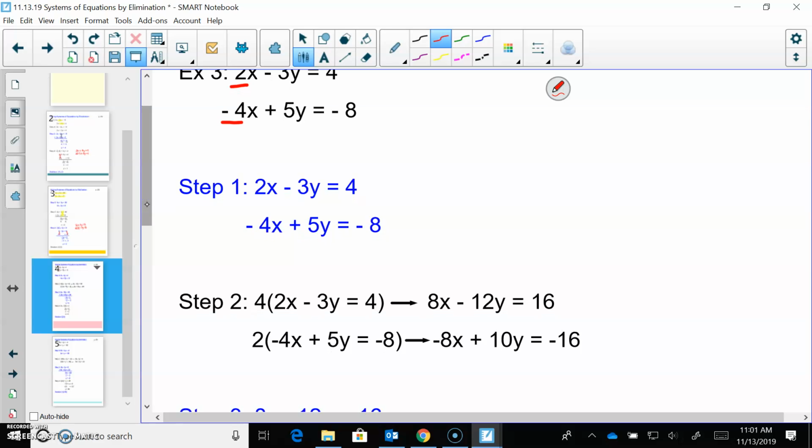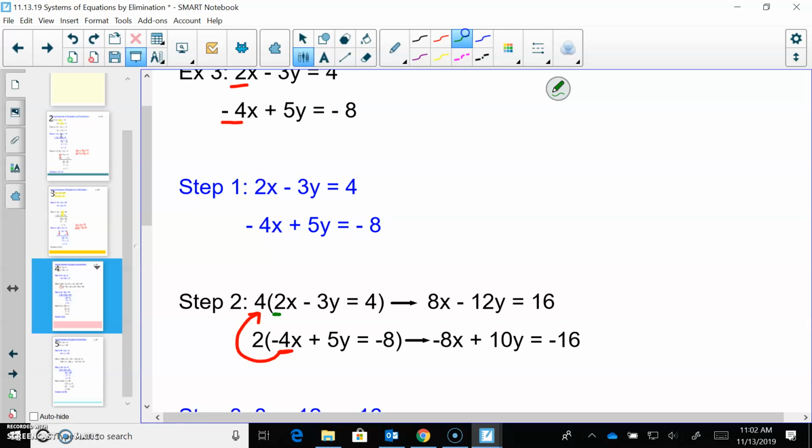Okay, but here's how I teach step 2. I'm trying to cancel out my x's. What I know for step 2 is I have a 4 at the bottom, so that is why I multiplied by 4 at the top. If it's at the bottom in front of the variable that you're trying to eliminate, you have to multiply by that at the top.